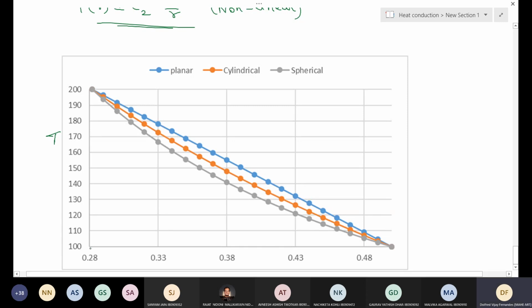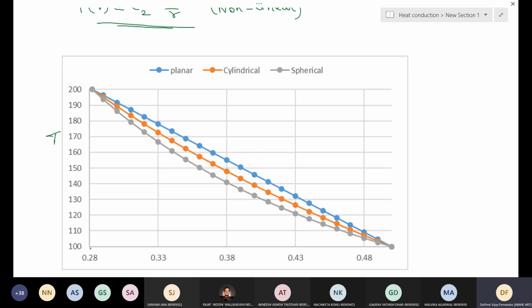Maintaining the area the same is easy for the planar and cylindrical wall, but not for the spherical, because for spherical we cannot easily calculate 1 meter square area. So I took the inner area of the spherical wall equal to 1 meter square and calculated the radius. You can do that and find out the radius corresponding to 1 meter square inner area of the spherical wall.